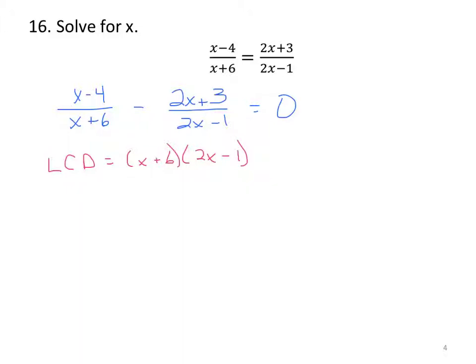So to get the least common denominator for the first fraction, let's go ahead and enclose all of our binomials in parentheses. We need to multiply top and bottom by 2x minus 1. And for the second one, we need to multiply by x plus 6.